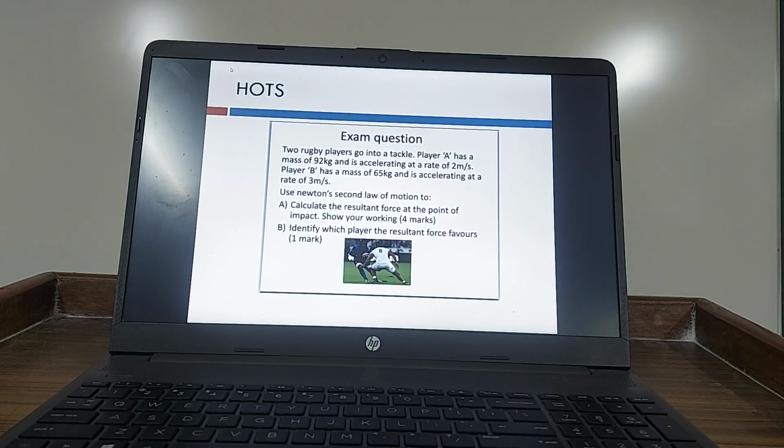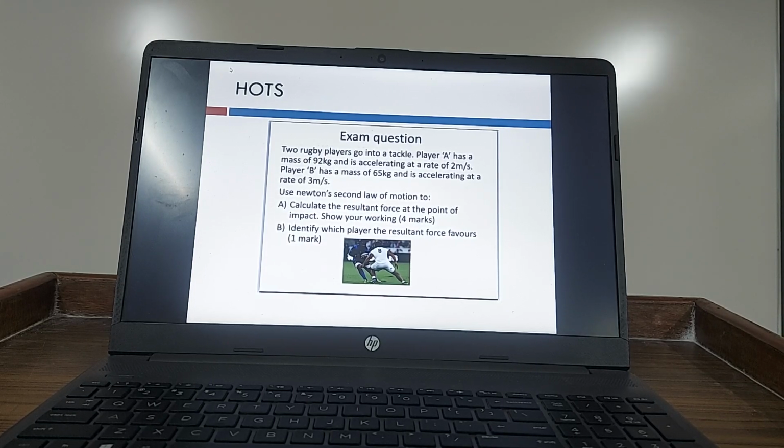Now this was a higher order thinking question which we did in the last class. We will not repeat it. I have put it over here because I want to prepare it for my future classes too. So two rugby players going into a tackle. Player A has a mass of 92 kg and is accelerating at 2 meters per second squared. Player B has a mass of 65 kg and is accelerating at a rate of 3 meters per second squared.